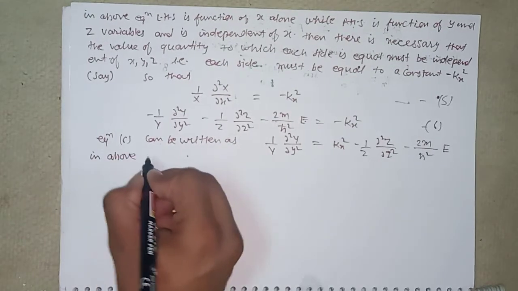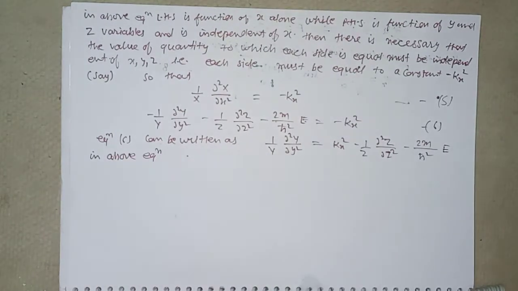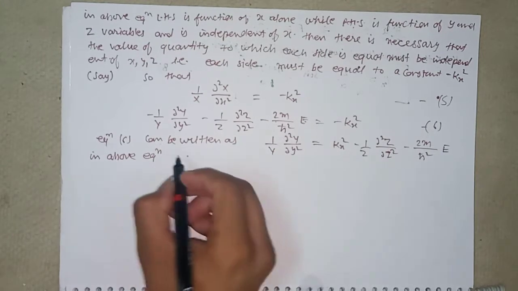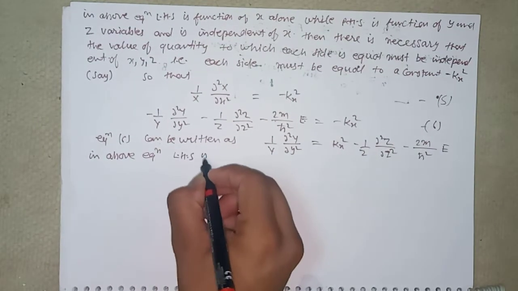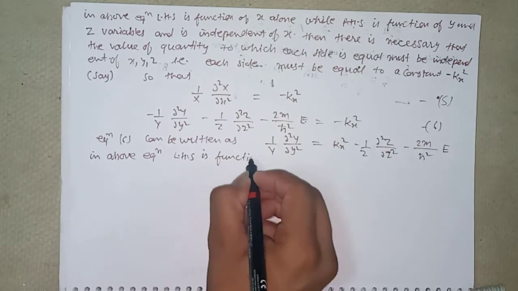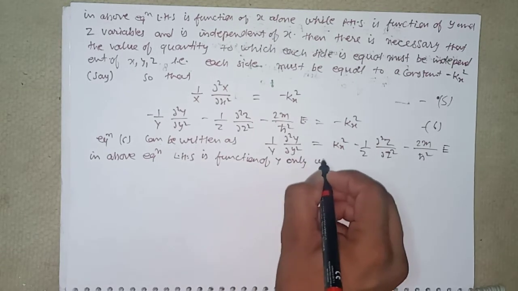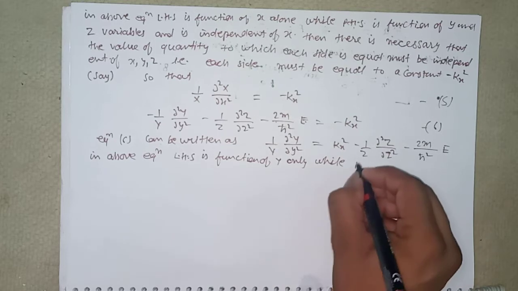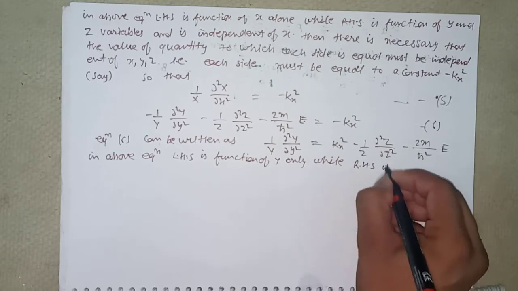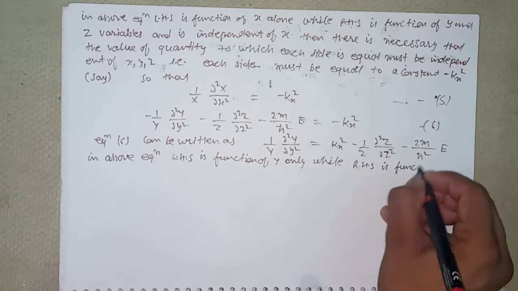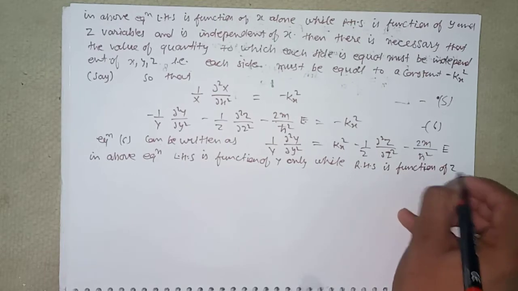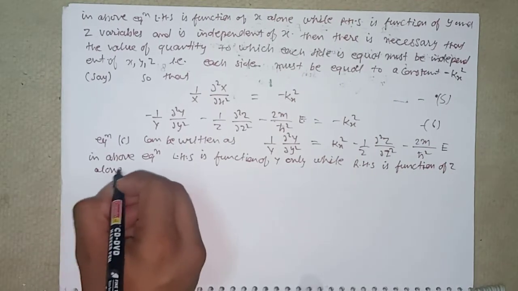In above equation, LHS is function of y only, while RHS is function of z alone.